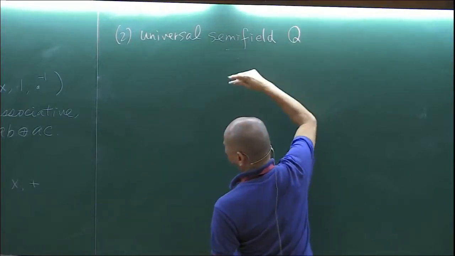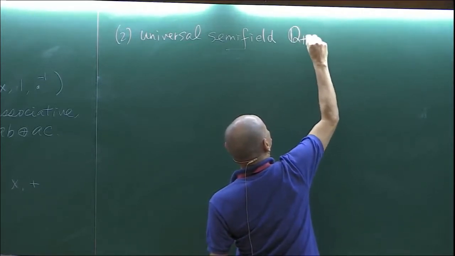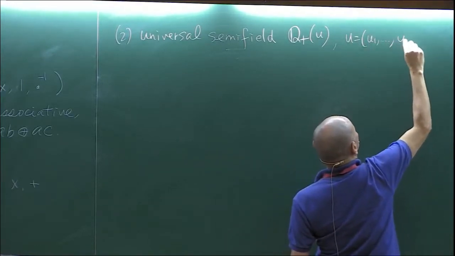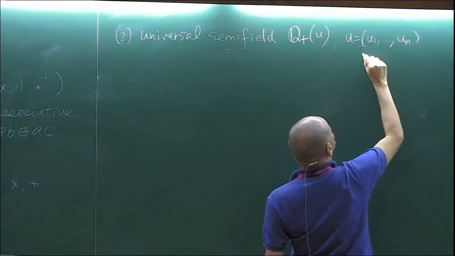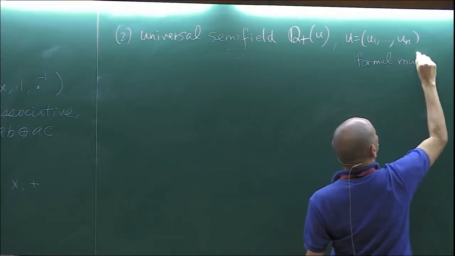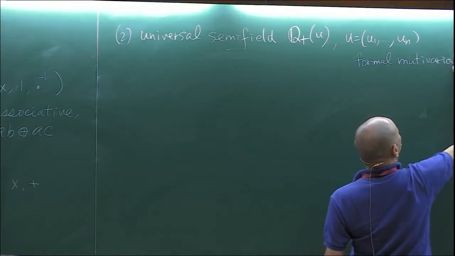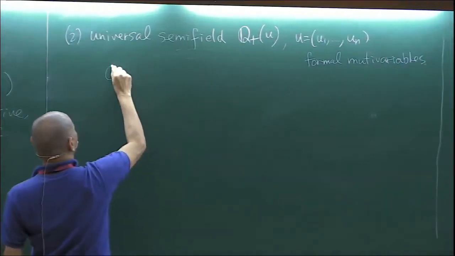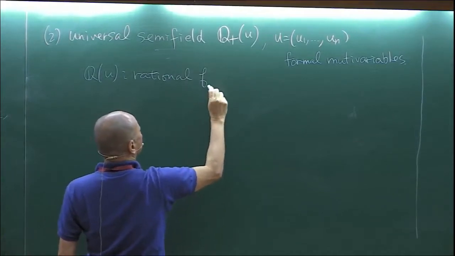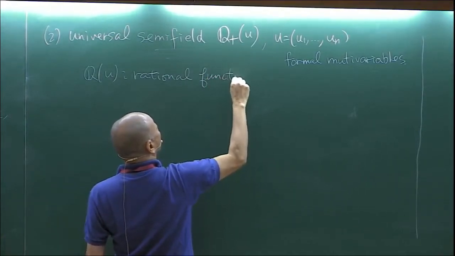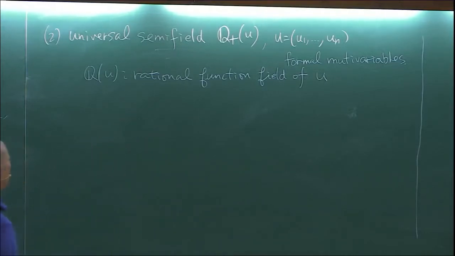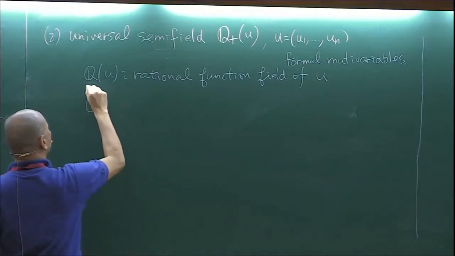It's different from the Fomin-Zelevinsky notation, but I use this kind of symbol where u is a formal multi-variable, say of n variables. And Q(u) is the usual rational function field of u, which is not a semi-field, as I mentioned. But you can consider a subset of this.